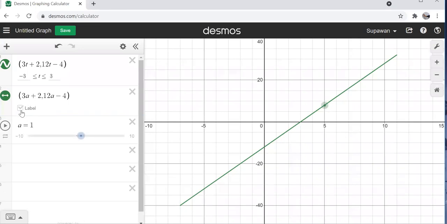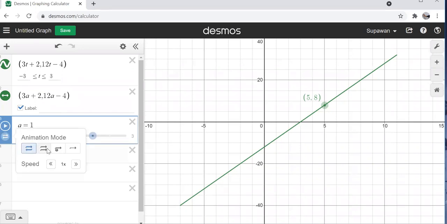Then set up the slider for a, with the same range as t, from negative 3 to positive 3, and the step size the same as what you have in the table. You can make it smaller or the same size, either way is okay. So let's use step size 1.